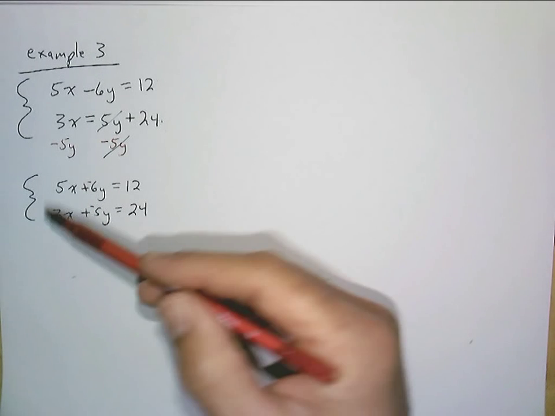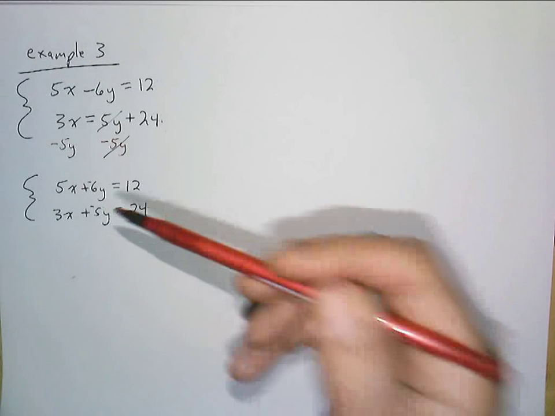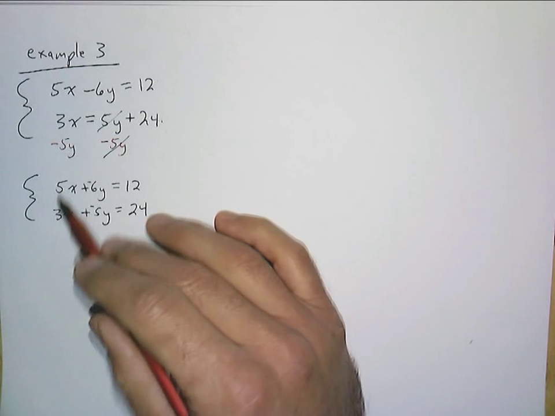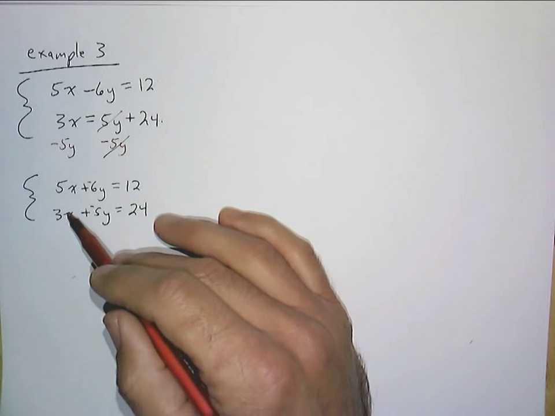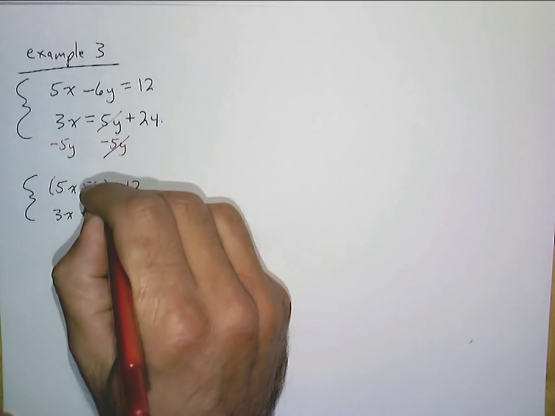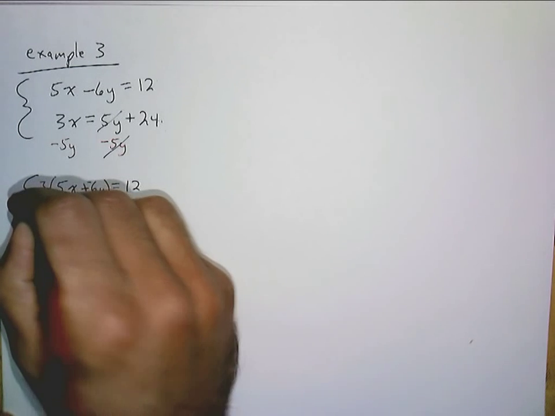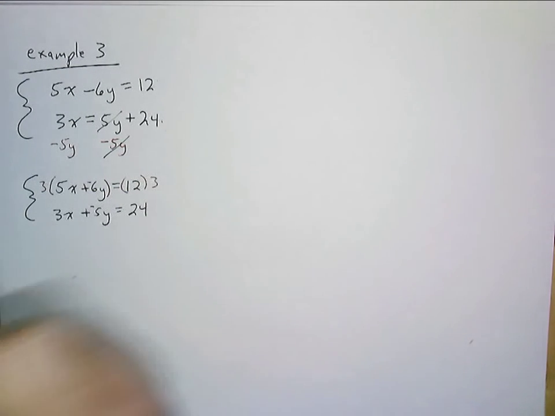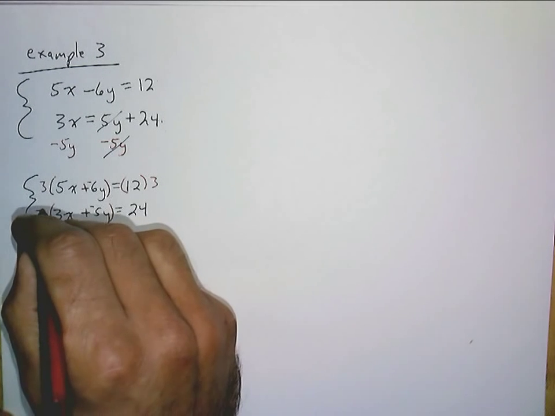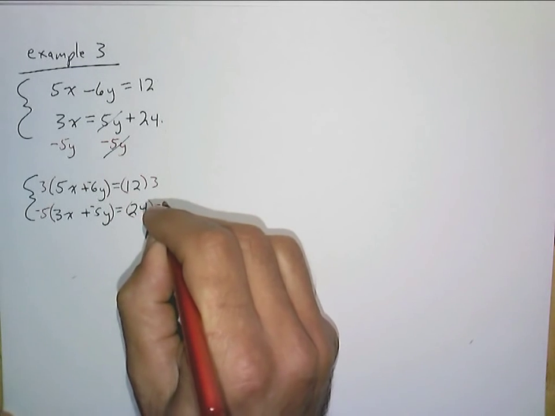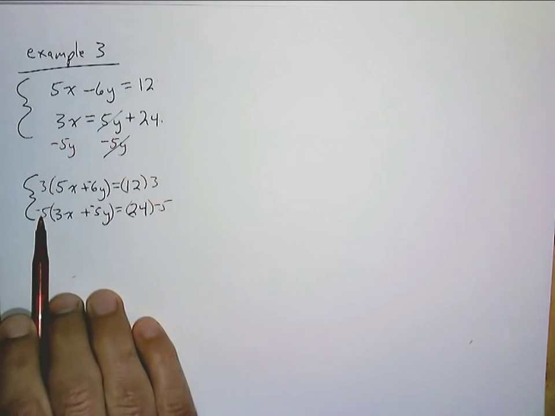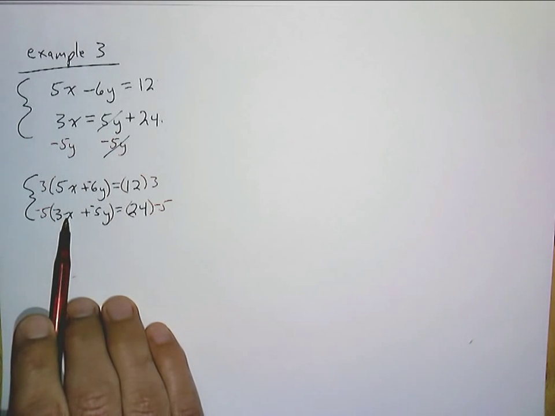5 and 3. You can do this with either variable, it does not matter. But here we're just going to multiply both equations by something so that we will get some elimination. So if we multiply this top equation by 3 on both sides, and we multiply the bottom equation, both sides, by negative 5, what's going to happen? 3 times 5x is 15x, negative 5 times 3x is negative 15x.